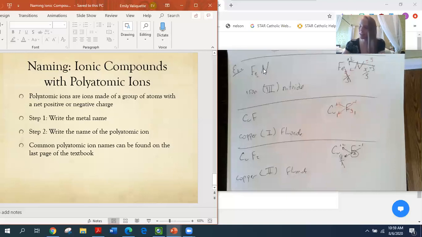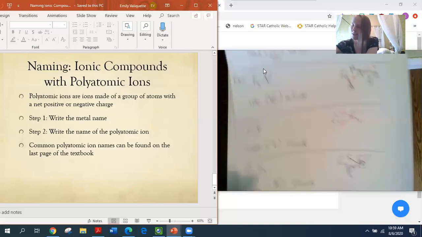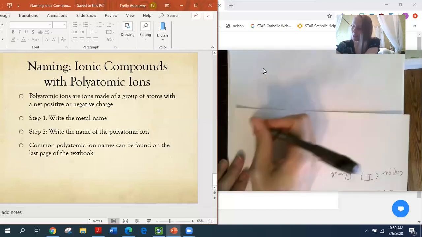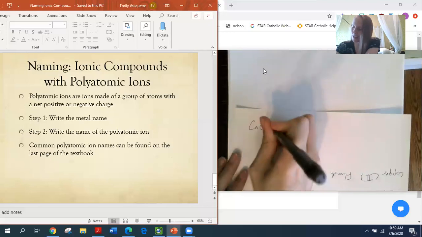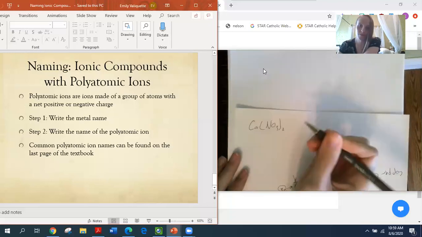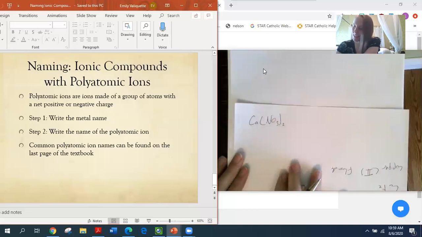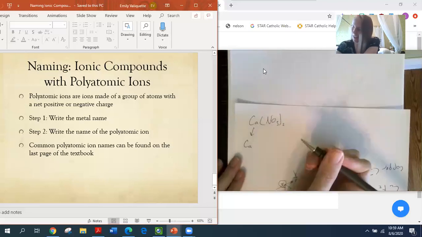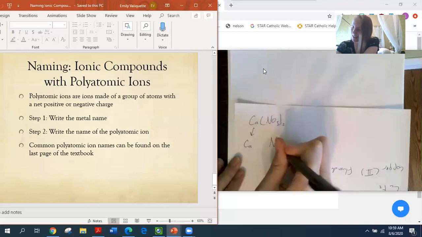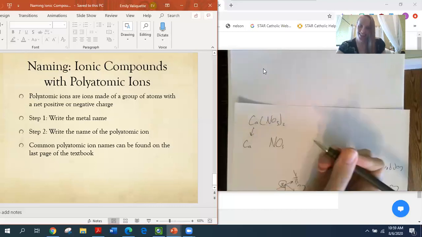But just so you can recognize them, what a polyatomic ion looks like would be something like if I had CaNO3, something like this. This is a calcium ion and a nitrate ion.